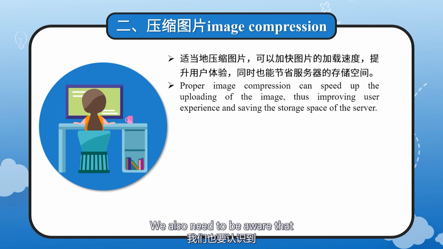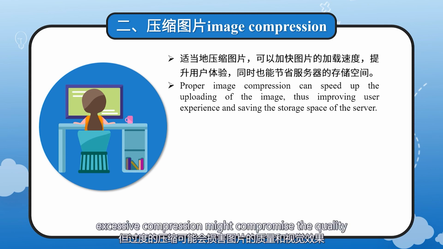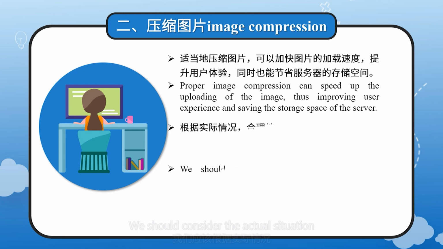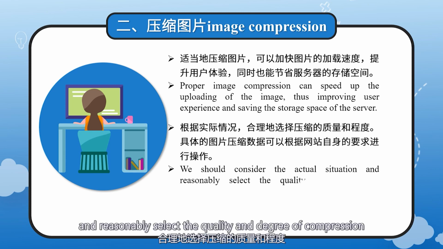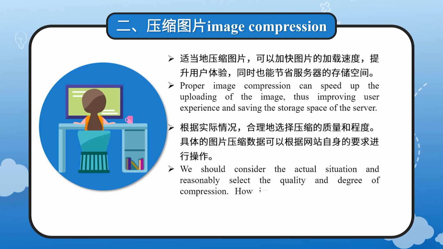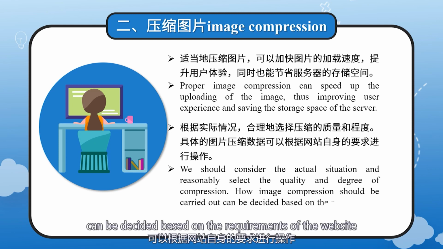Conversely, we also need to be aware that, although image compression can improve news release efficiency, excessive compression might compromise the quality and visual effect of an image. Therefore, we should consider the actual situation and reasonably select the quality and degree of compression. How image compression should be carried out can be decided based on the requirements of the website.